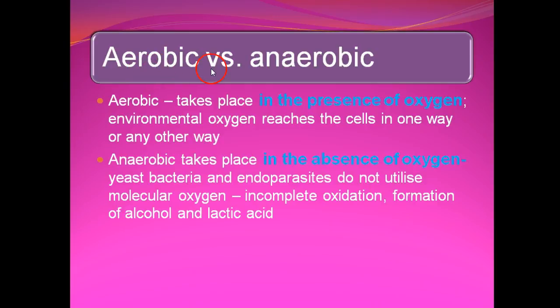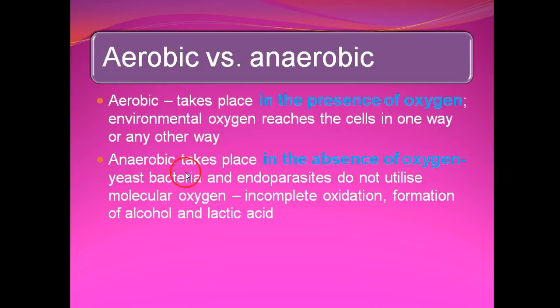Then the two types of respiration, the aerobic and the anaerobic. Aerobic respiration takes place in the presence of oxygen. The environmental oxygen reaches the cells in one way or another. Anaerobic respiration takes place in the absence of oxygen. Yeast, bacteria and endoparasites do not utilize molecular oxygen.